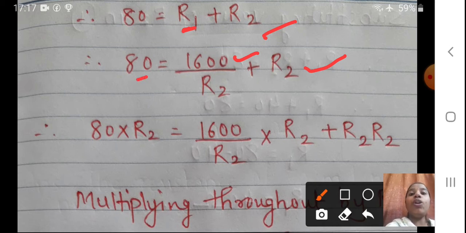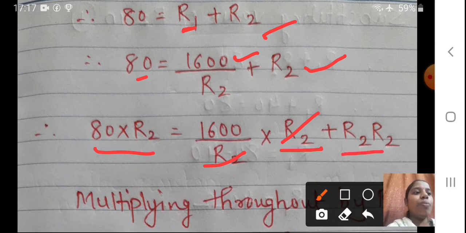Now what we are going to do, students, is multiply throughout by R2. Can you see 80 into R2 I have done? Then again 1600 upon R2 multiplied by R2. So can this R2 and R2 get cancelled out? Yes, and here R2 multiplied by R2 will become R2 square.